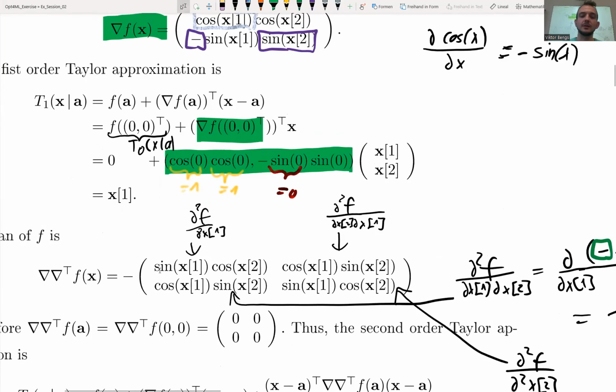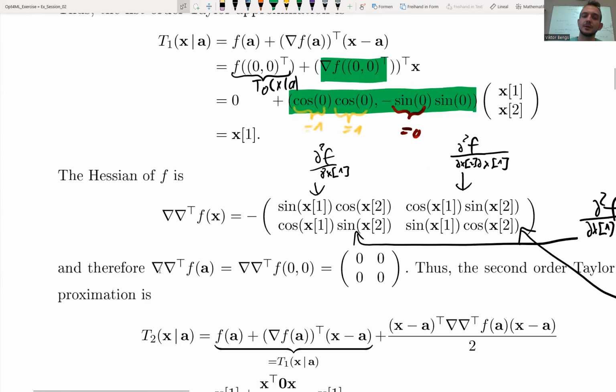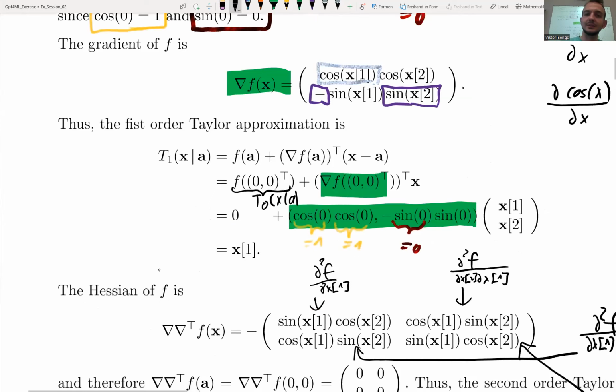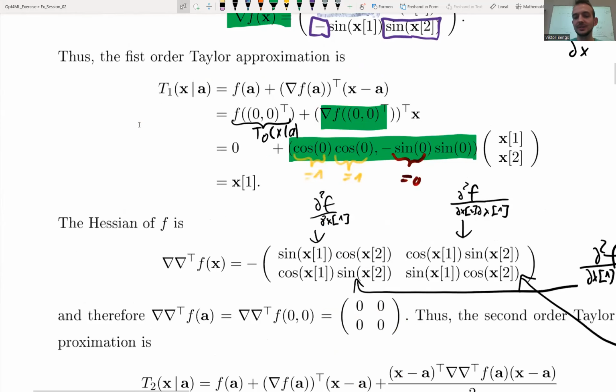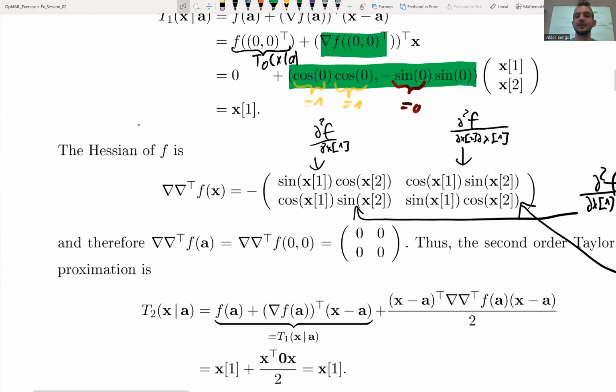Okay, and now what we are interested in for the second Taylor approximation is the Hessian of the function f at our approximation point, and it's 0, 0. But as in every component in the matrix there is a sine, and sine at 0 is 0. All these entries here are 0.